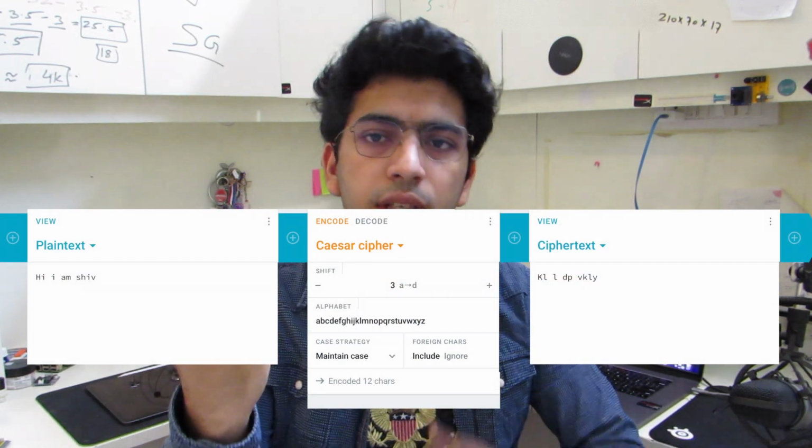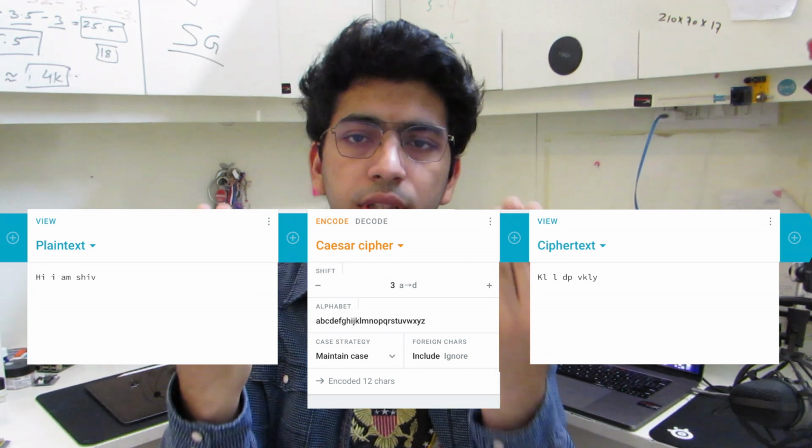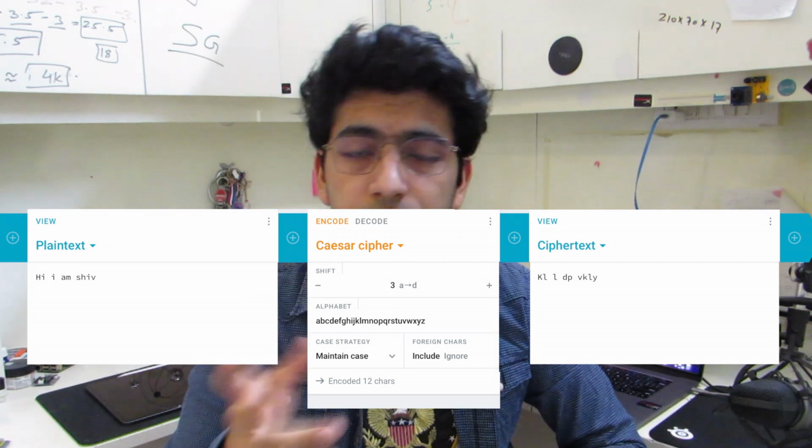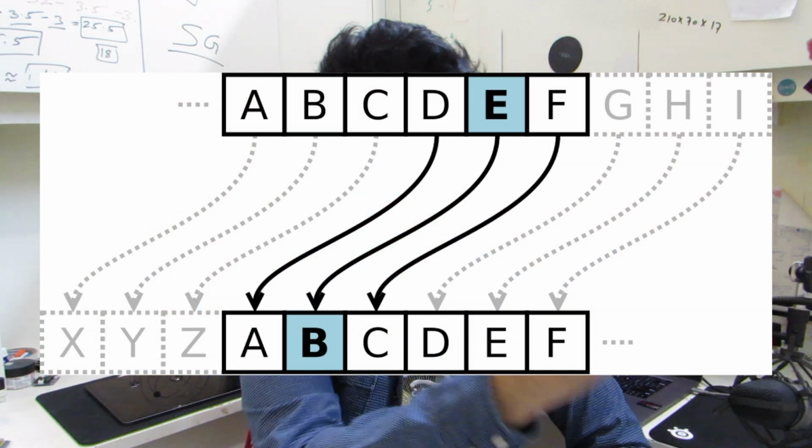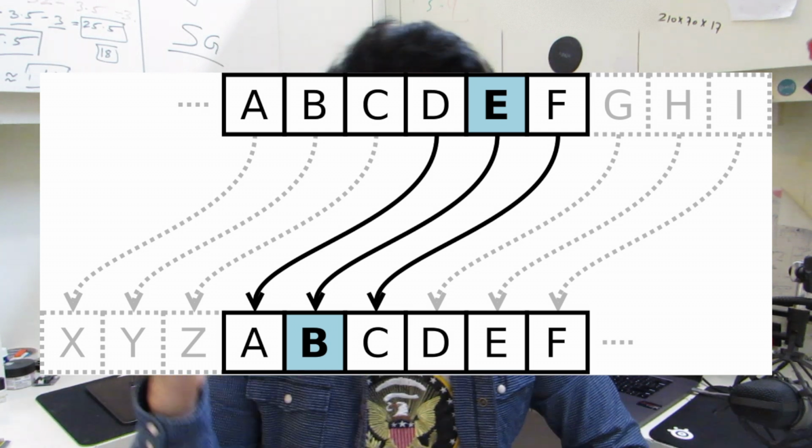Okay, so now let's talk about the first major milestone in the field of cryptography. That was achieved by Julius Caesar when he developed the Caesar Cipher. What happens in a Caesar Cipher is, say you have this text, and this is converted into this ciphertext. This conversion takes place by using a shift. So A converts to this, B converts to this, like this.